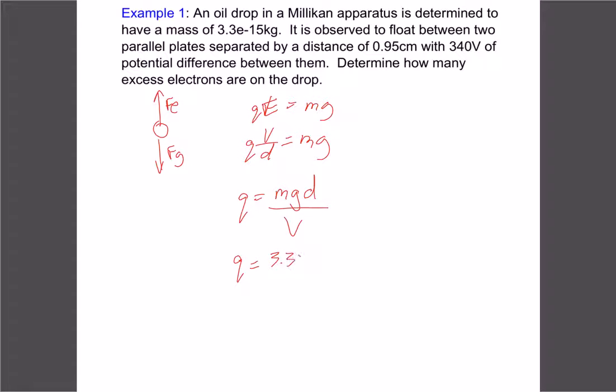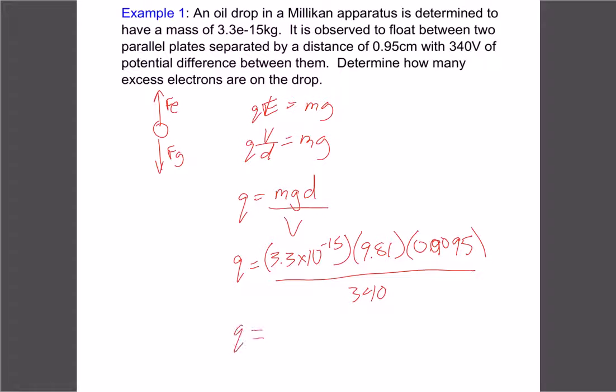All we have to do is plug everything in. Our mass times gravity times the distance between the plates, 0.095 centimeters, which is 0.00095 meters, divided by our voltage of 340. We get a charge of 9.05 times 10 to the negative 19 coulombs.